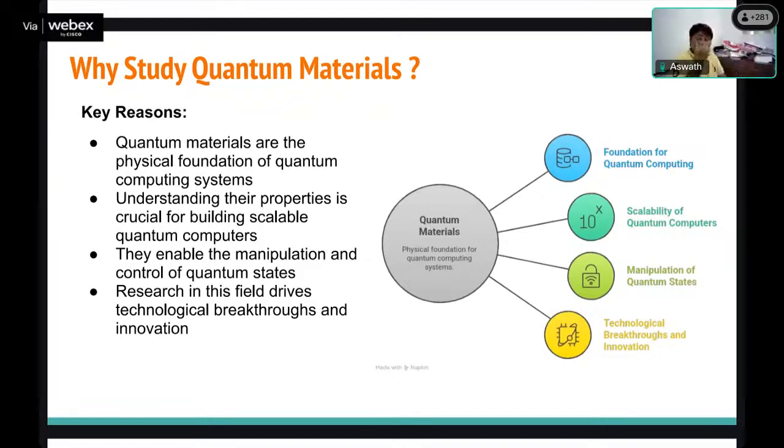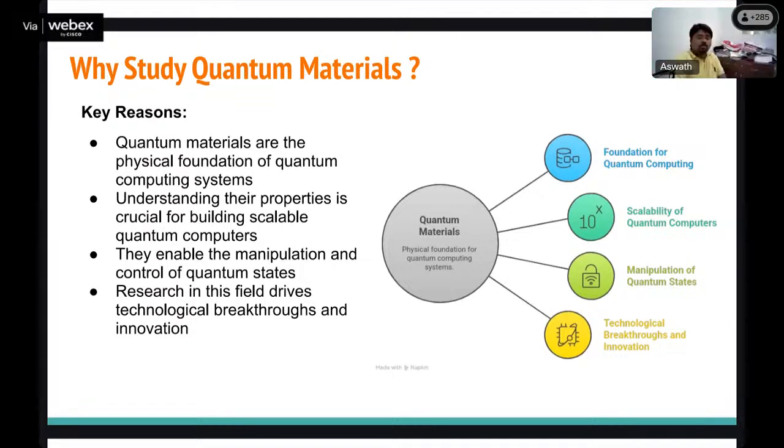In that way, you can understand quantum computing in a better manner, and also do quantum computing in a better manner. So those are the main four reasons why we need to study quantum materials.